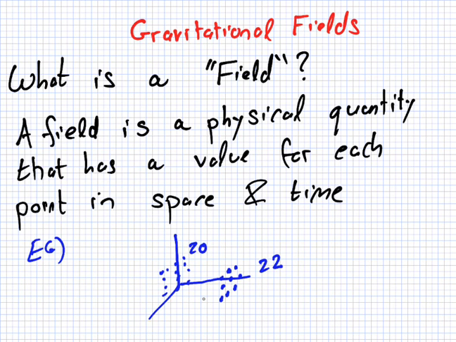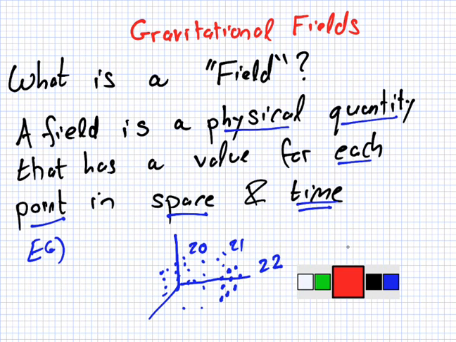So you have this picture in your head at different points in the room, there are different temperatures. So this is actually a field, because a field gives you a different physical quantity for each point in space and also in time. So for example, as the heaters kept on, then maybe this will change to 23 and this will change to 22 and this will change to 21. Okay? So this is our first simple example of a field. So this is like a temperature field.